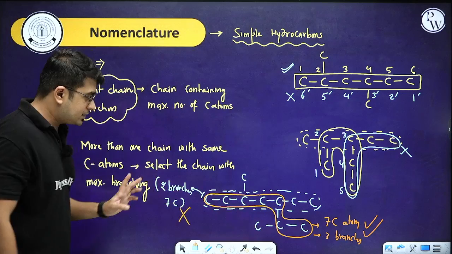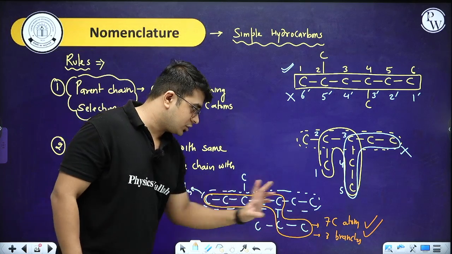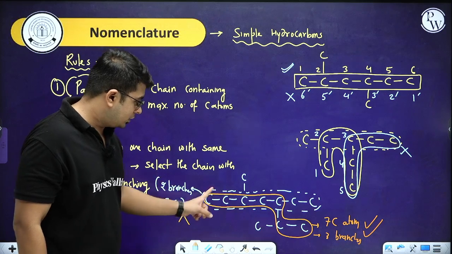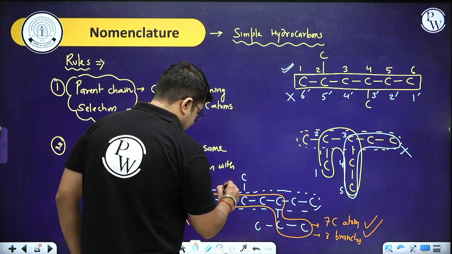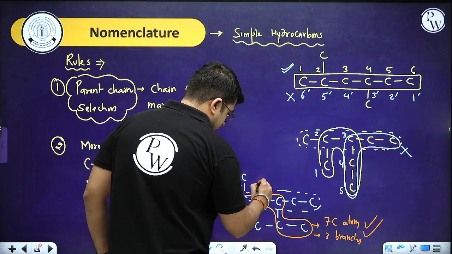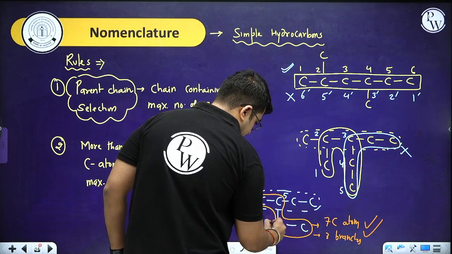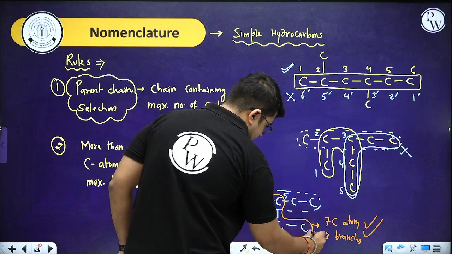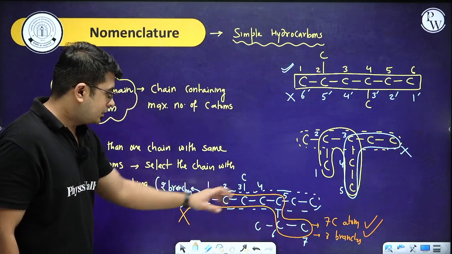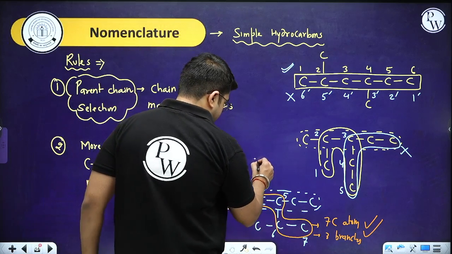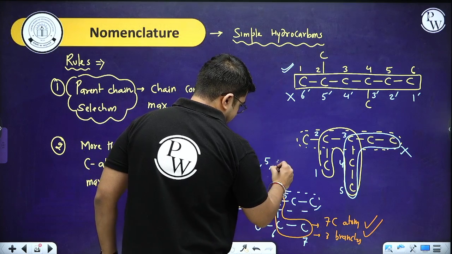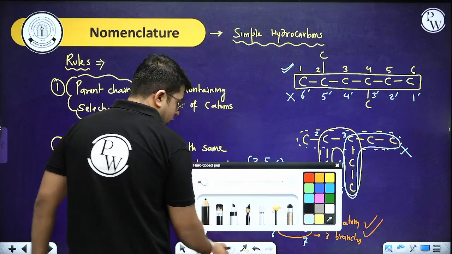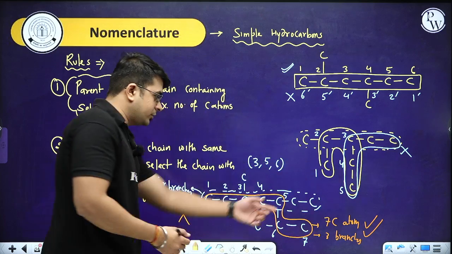Now in this case, we are using three branches. So 1, 2 and 3. If I am using this nomenclature, 1, 2, 3, 4, 5, 6 and 7, you can see the side substituents are present on the third position, then the fifth position and then the sixth position. It may also be possible that I can start from the reverse side.